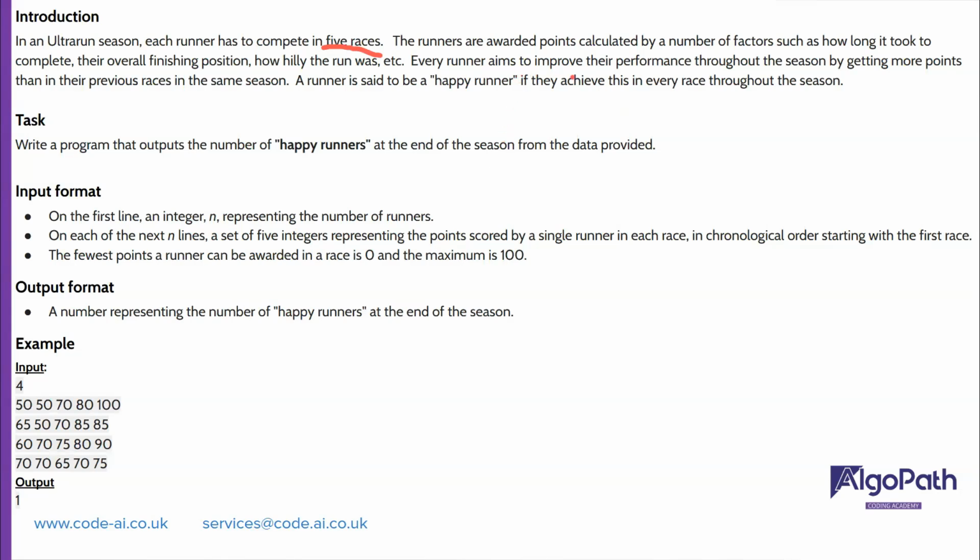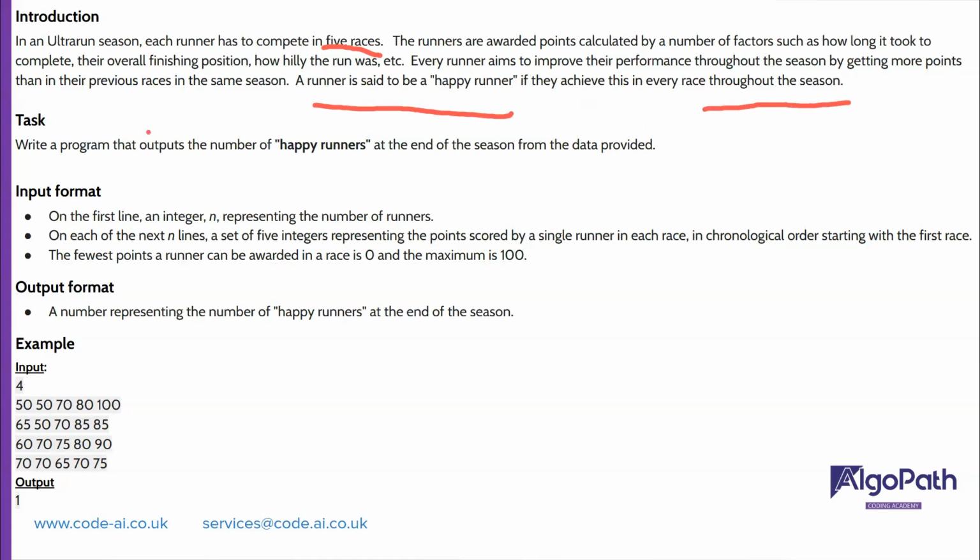Every runner aims to improve their performance. So every time they run in one of these races, they want to get a little bit quicker each time. So therefore, a happy runner is one that improves throughout the season.